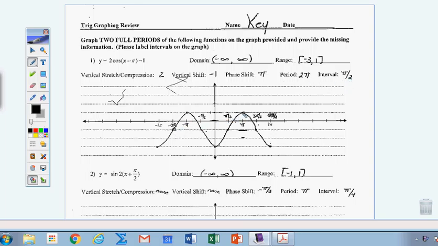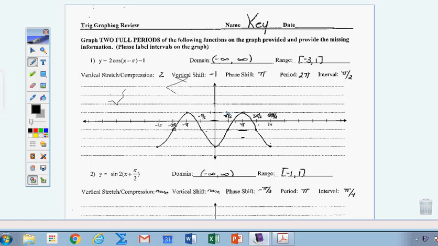So if I have my point here and I move over pi over 2, I would go down 2. And then I'd have a point there. Then if I come back up here and go over pi over 2 this way, I would go down 2.